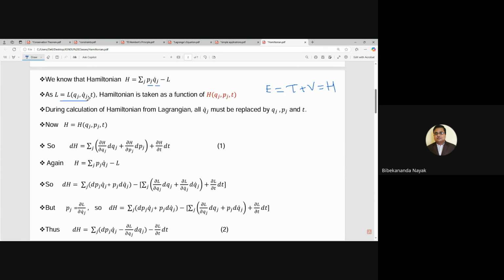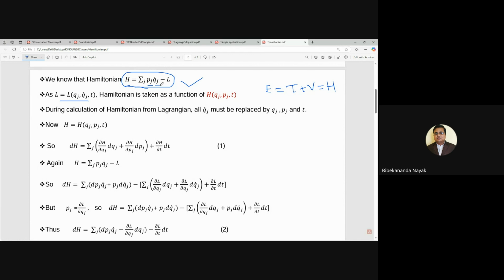If the Lagrangian is L, the Hamiltonian is the sum over pj qj dot minus L, where j is the number of generalized coordinates, varying from 1 to f. It is the basic formula. If the Lagrangian is given, we can calculate the Hamiltonian of the system by using this formula.